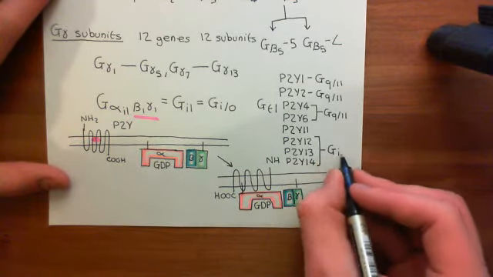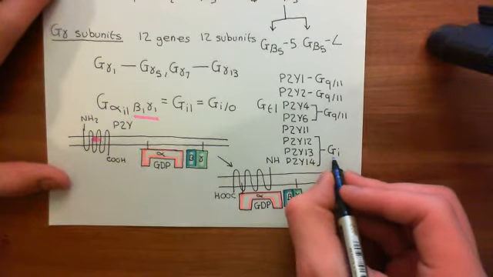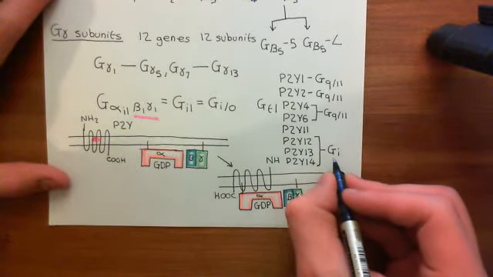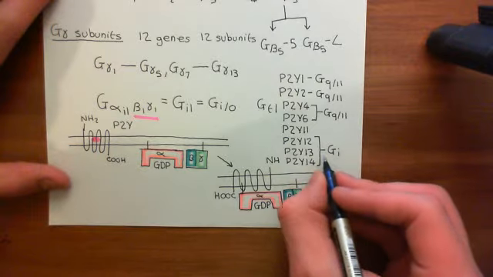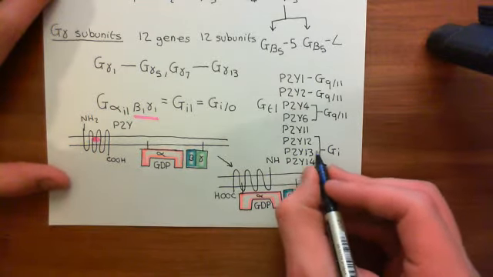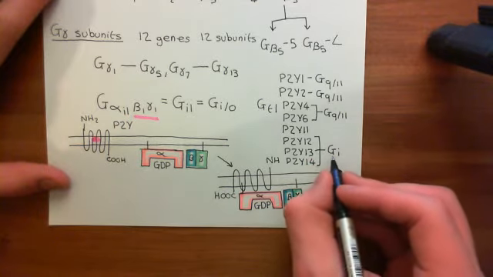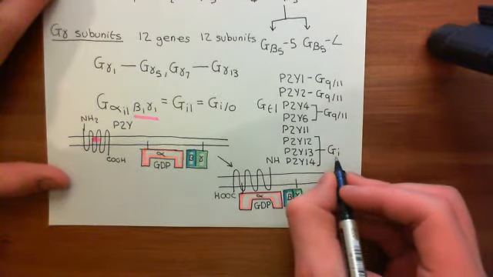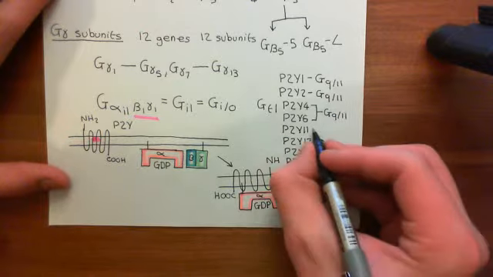Remember this means that the alpha subunit of the heterotrimeric G protein will be either G alpha I1 or G alpha I2 or G alpha I3. So one of the 3 basically. So they show affinity for heterotrimeric G proteins where the alpha subunit is either G alpha I1, G alpha I2 or G alpha I3.